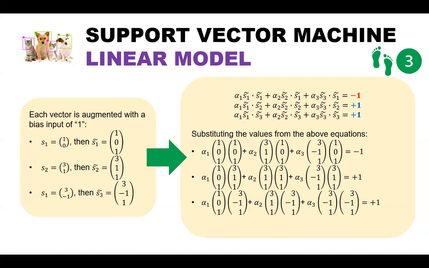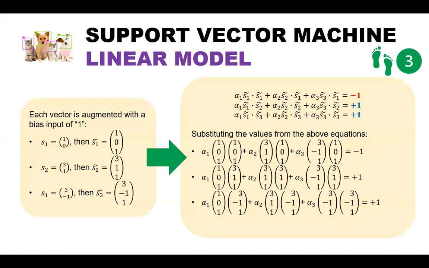So our goal here is to make sure we got all the necessary data for our working equations, such as A1 multiplied by S1 curl, doing the dot product of the first term, A1 S1 curl dot S1 curl, plus A2 times S2 curl dot S1 curl, plus A3 multiplied by S3 curl dot S1 curl is equal to -1.